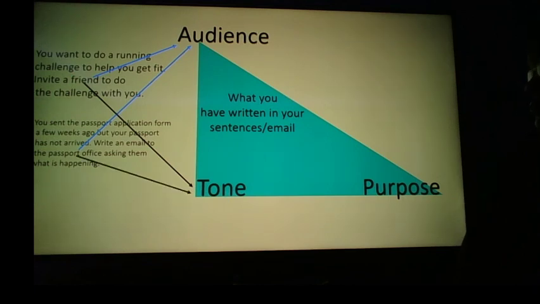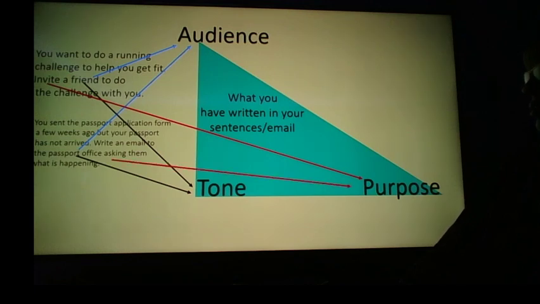If you're writing to the passport office, your tone is formal. And in terms of your purpose, you've been asked to invite your friend to do something in the first question. And in the second question, what have you been asked to do?